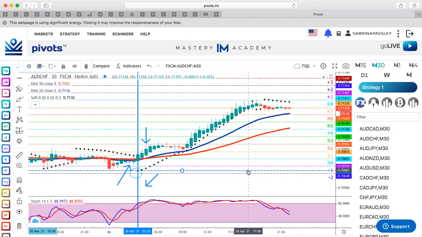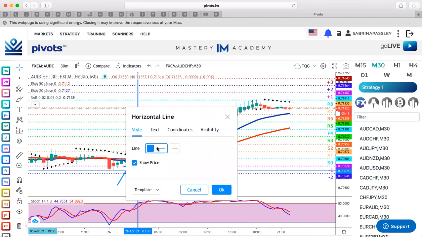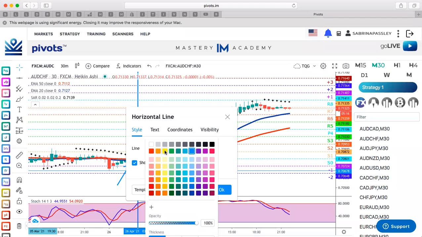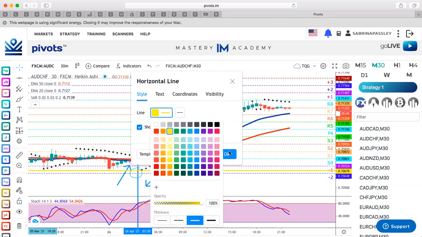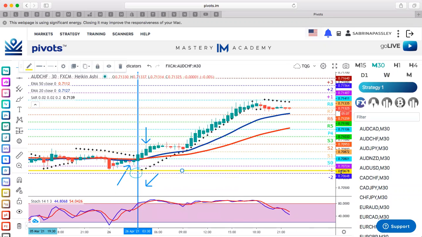Whatever color line you've put for your stop loss, that would be the exact same color that's showing up on the right hand side, so you can identify the number easily, right?